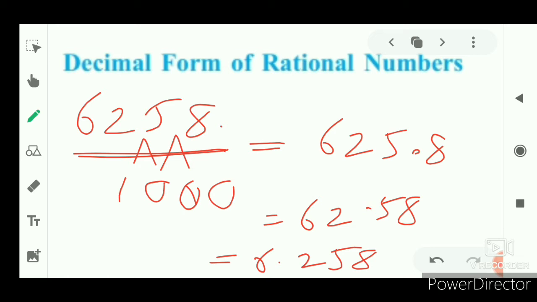Okay, now what happens if we divide the same number by 10,000? Yes, 10,000 contains 4 zeros. 1, 2, 3, 4. So the decimal point will go 4 steps backward. 1, 2, 3, 4. The decimal point will be here. So what will be the answer if we divide by 10,000? Yes, the answer will be 0.6258. Clear this concept?